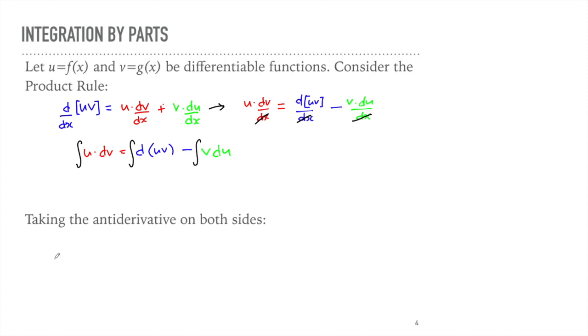Now, given all these things, what can we solve? Of course, the integral of u dv, we don't know. We'll write it as is: integral of u dv. The integral of v du, we also don't know, so we'll write it as integral of v du. However, look at what we have here, integral of d of uv. It's just the integral of a differential, so this will be uv. So, that is the result if we take the antiderivative of both sides.